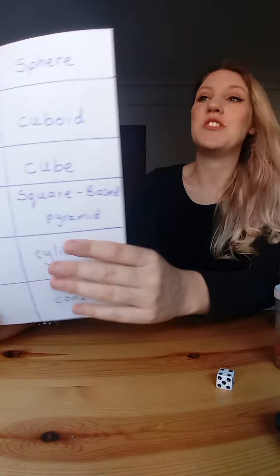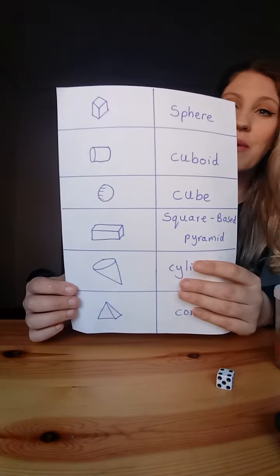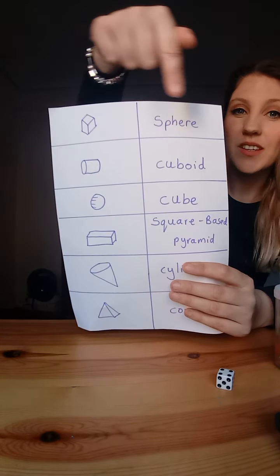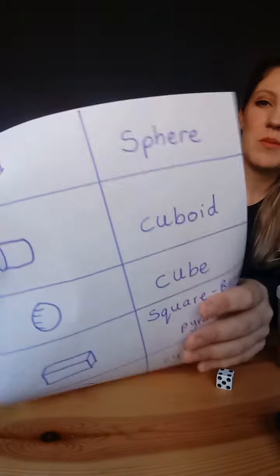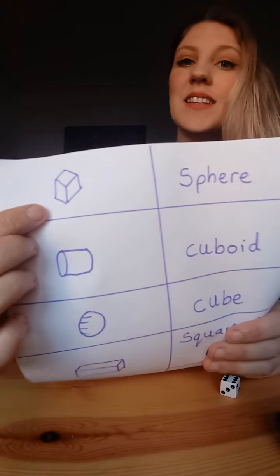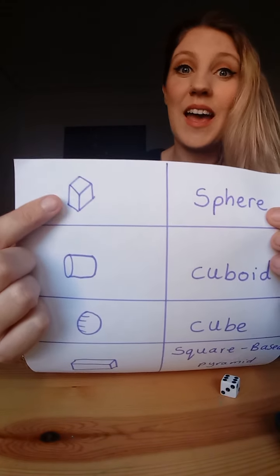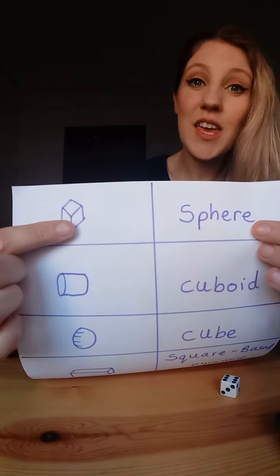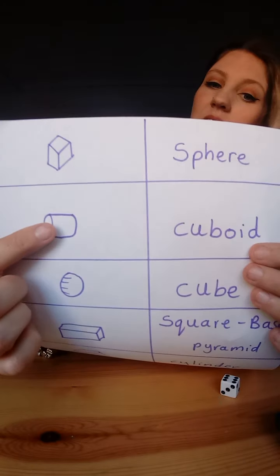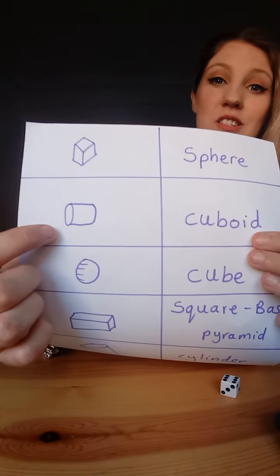Your next job to do is to have a look at the pictures. Now the picture that is next to the word does not match. I'll show you what I mean. That is not a sphere, is it? What is it? It's a cube. Okay. And equally, this is not a cuboid.